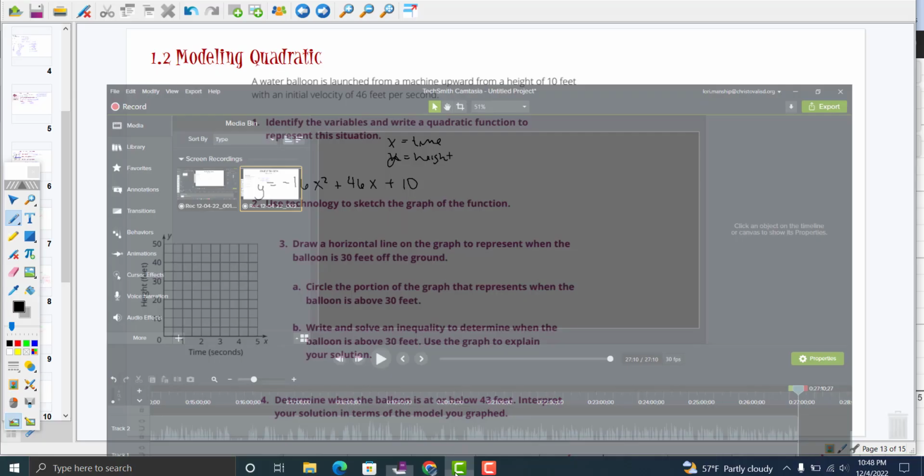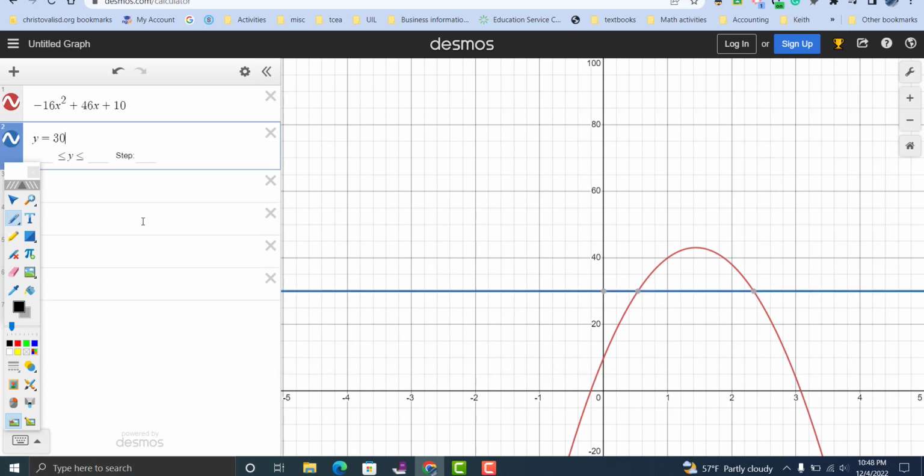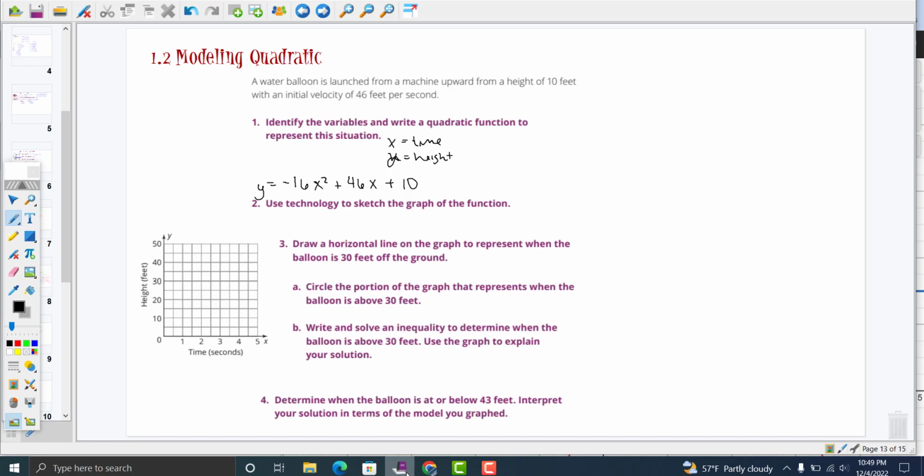And so when I'm 30 feet off the ground, we're going to draw a line of y equals 30. So I'm 30 feet off the ground at 0.534 and at 2.341. Those are my 2 points.